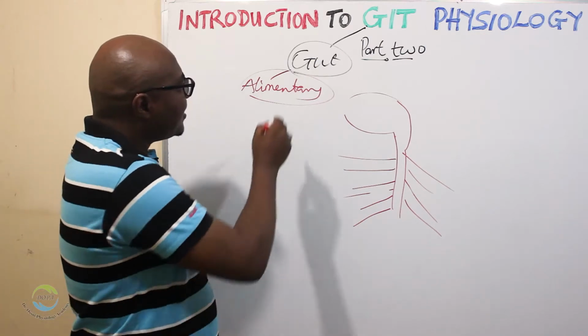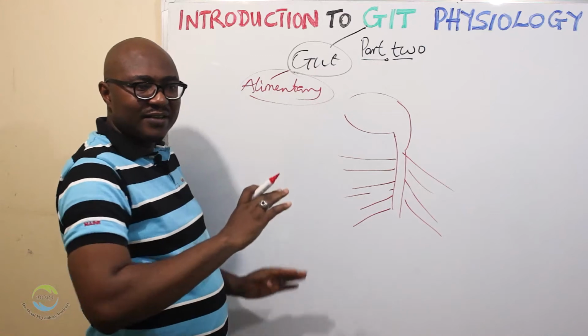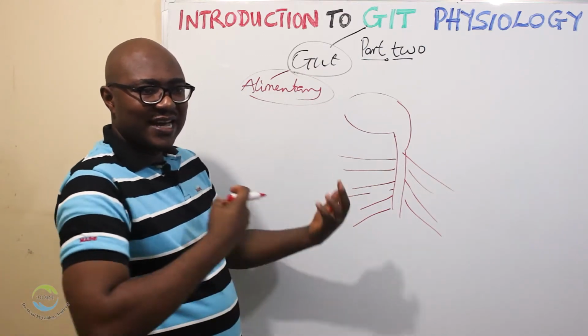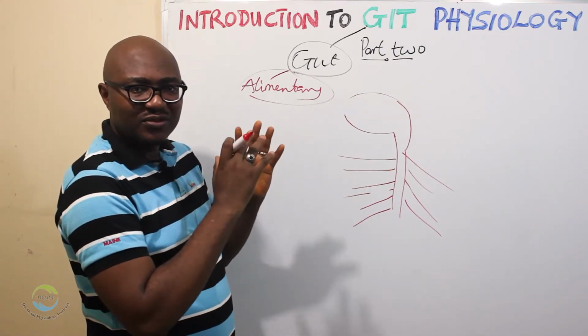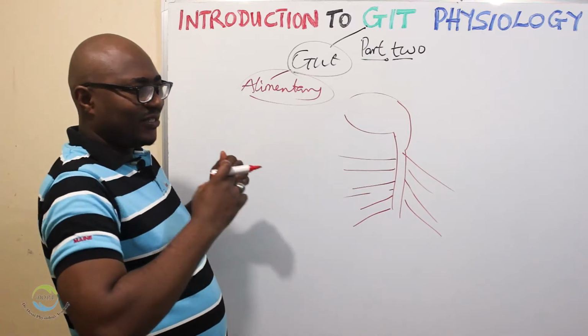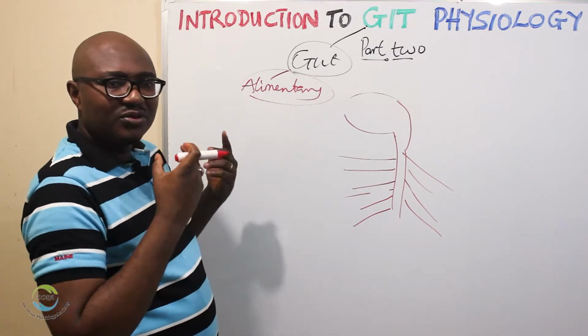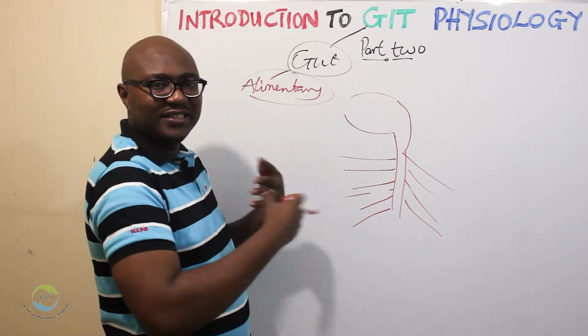But the GIT is supplied by nerves. Remember that when nerves are excited, they can help in the contraction of muscles. When they are not excited or are inhibited, the muscles can relax. They also help in the secretion of glands.